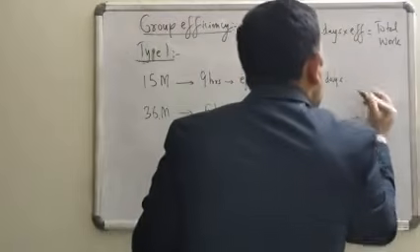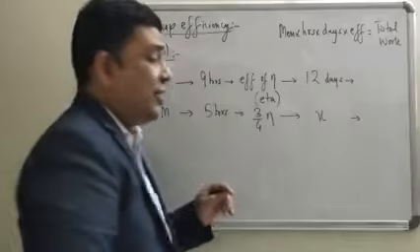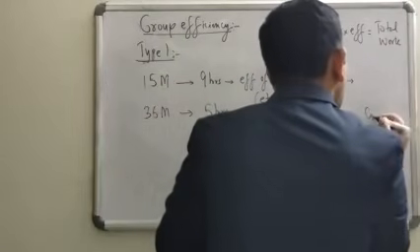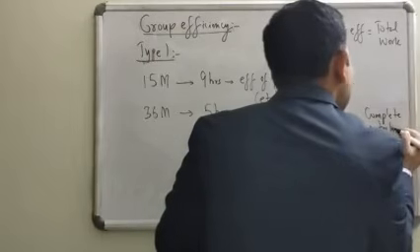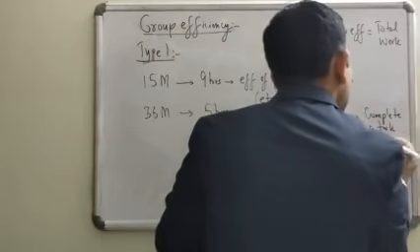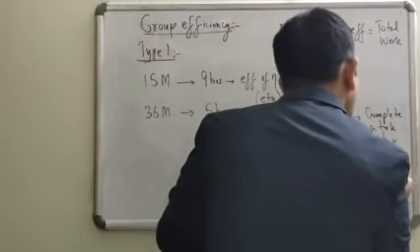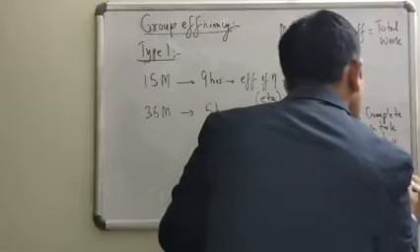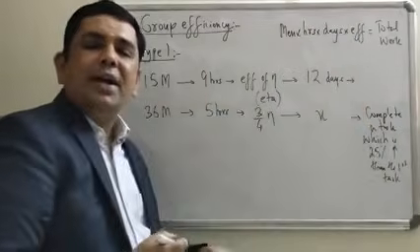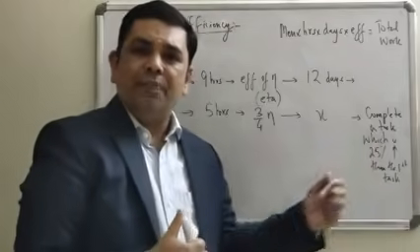Now we'll add one interesting component. What is that component? Complete a task which is 25% more than the first task.